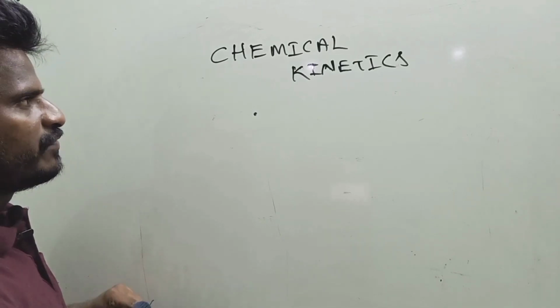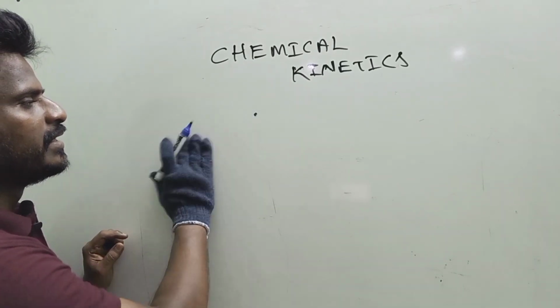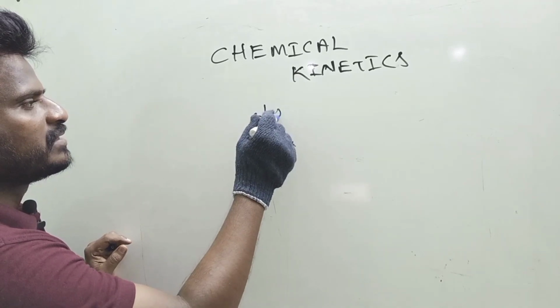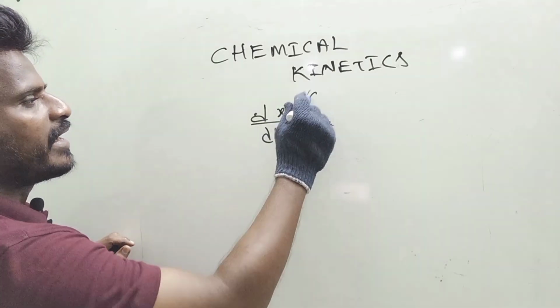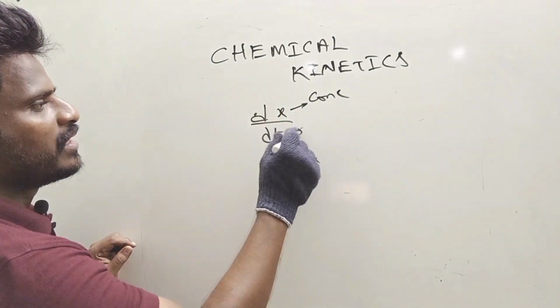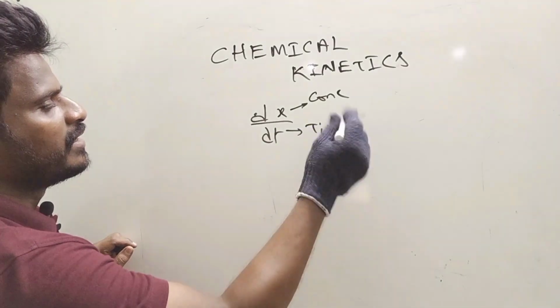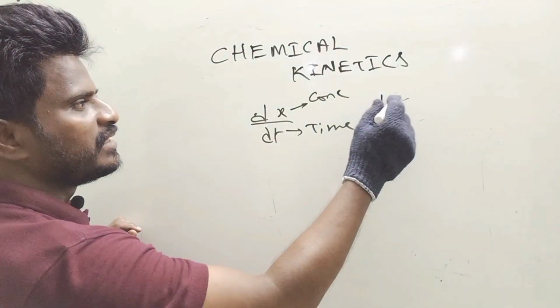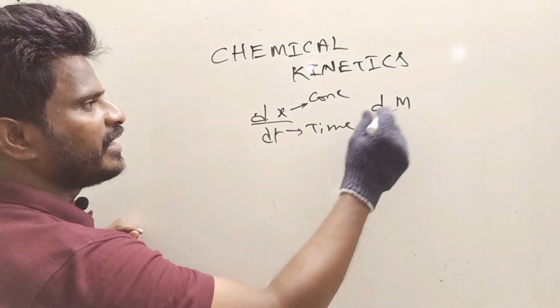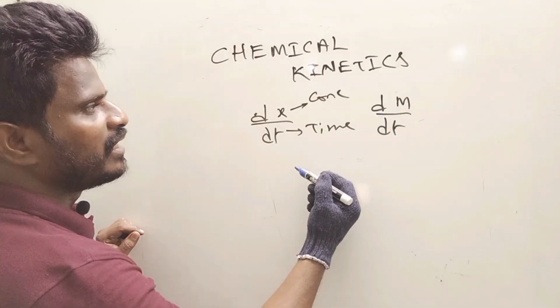Various types of rates of reaction. Rate of reaction is represented as dx by dt. Here x is the concentration and t is the time. It may be represented as dm by dt.